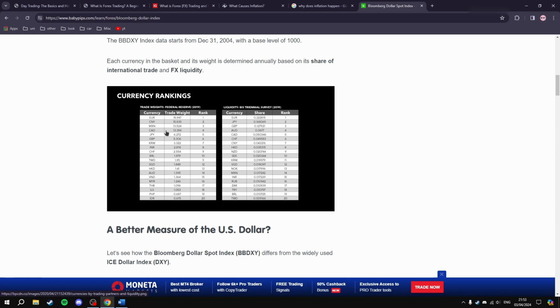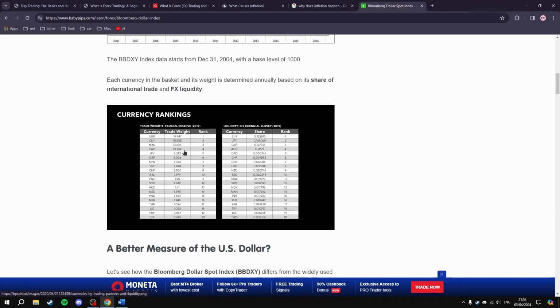I don't know what the currency they use in Mexico is. CAD, Canadian dollar, JPY, GBP, KRW, that's Korean won, I think. INR, Indian rupees. CHF. Right, okay. Euro, JPY, liquidity. Right, okay.